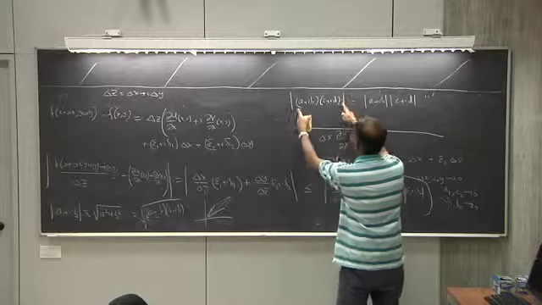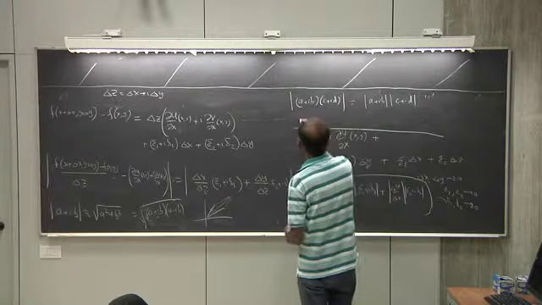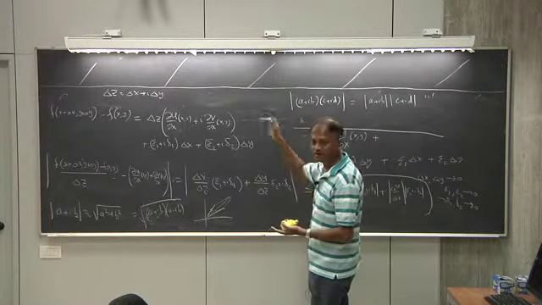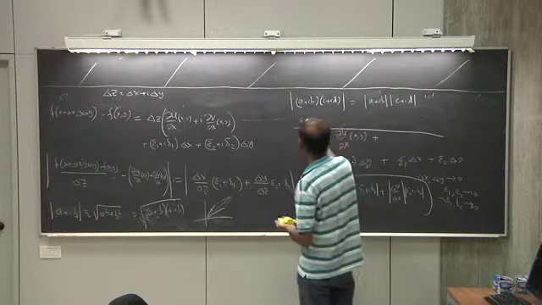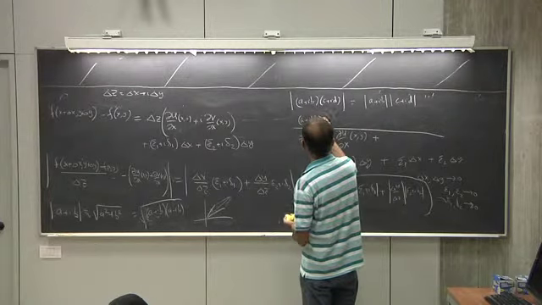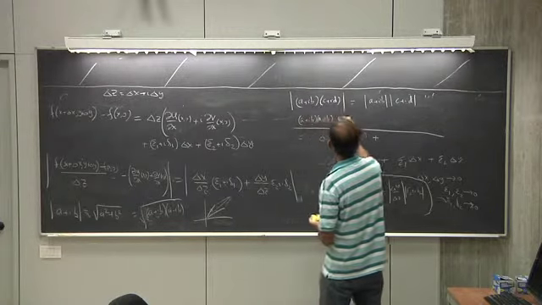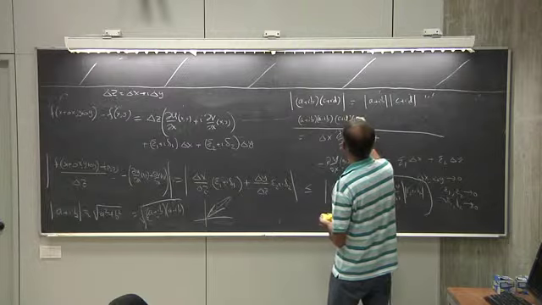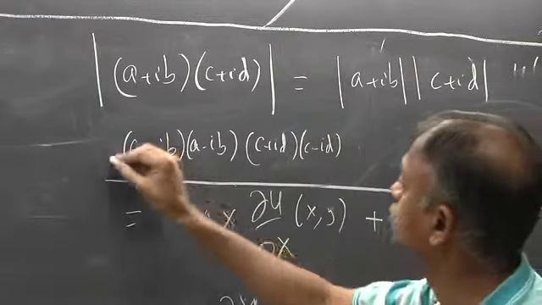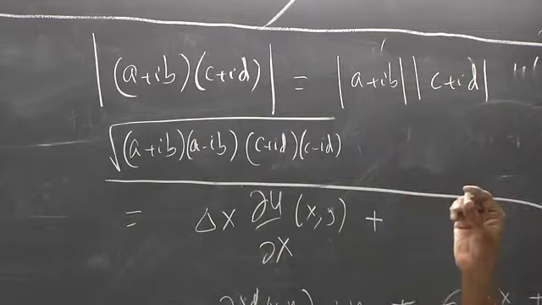So the magnitude of this complex number is simply this times its complex conjugate, and square root, which is the same as the square root of a plus ib, a minus ib, c plus id, c minus id, right?